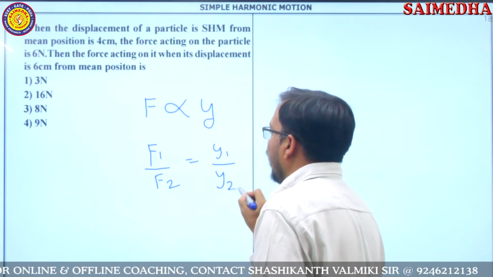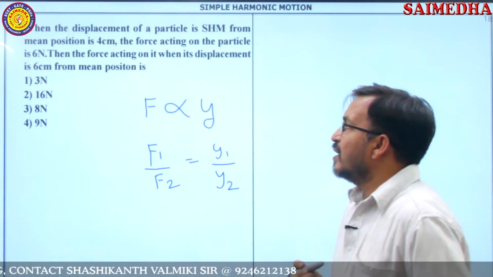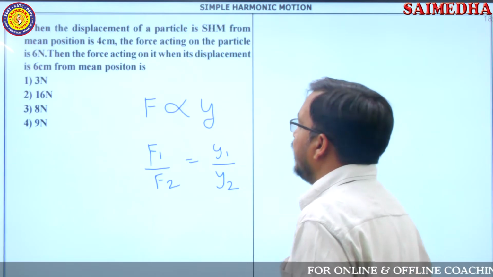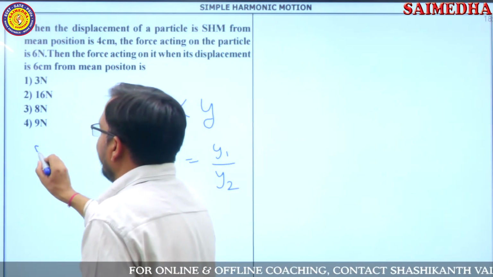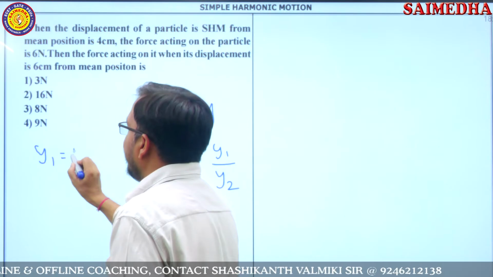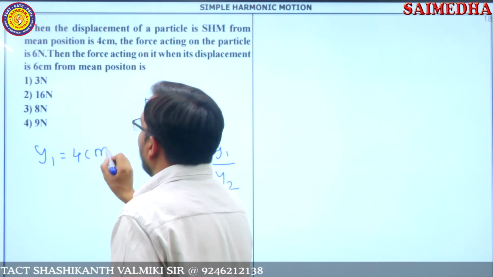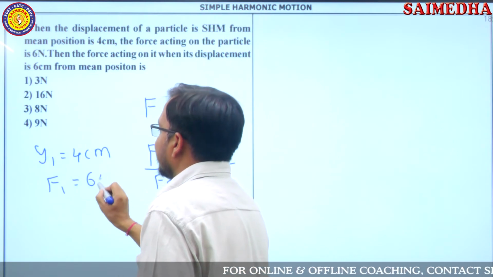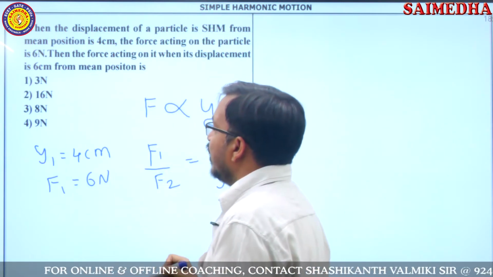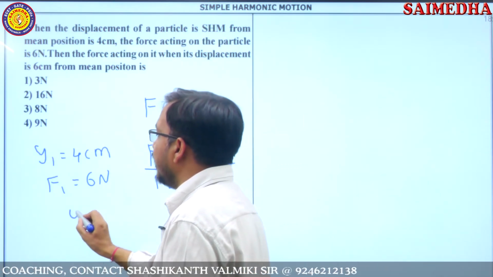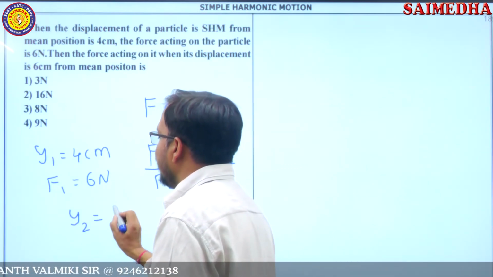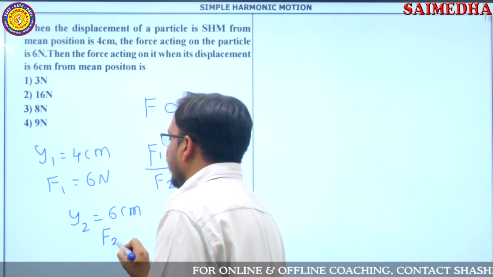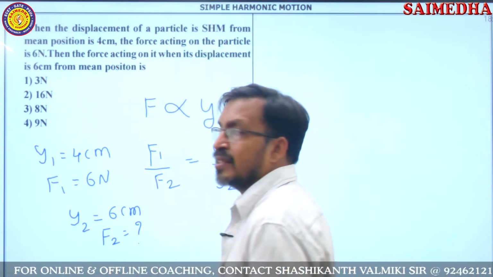When y1 equals 4 centimeter, the force given is F1, 6 newtons. Now it is asking, if the displacement is 6 centimeter, then what is the force? F2 is what we are asked to find.